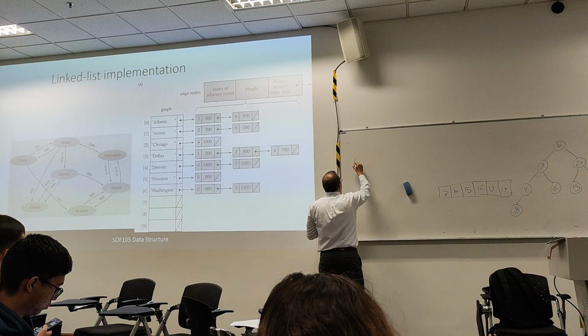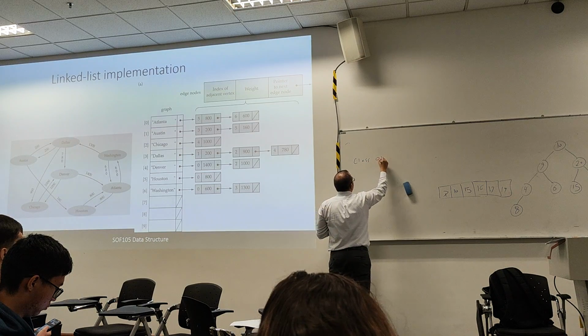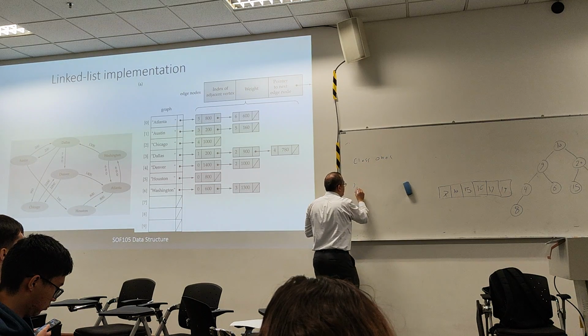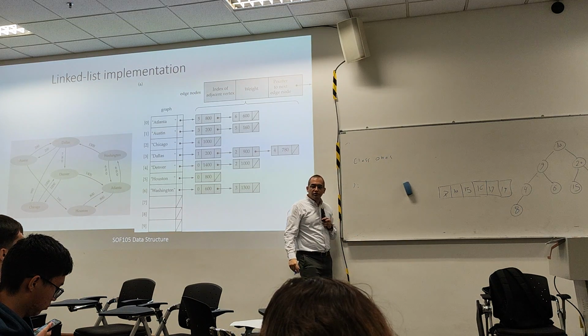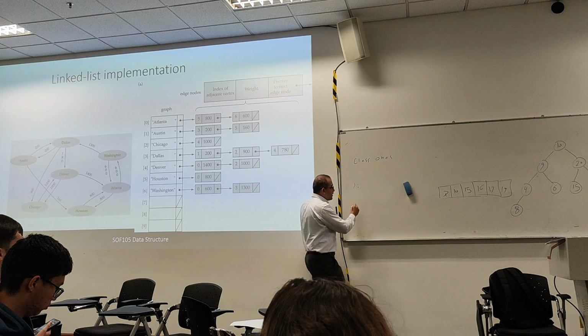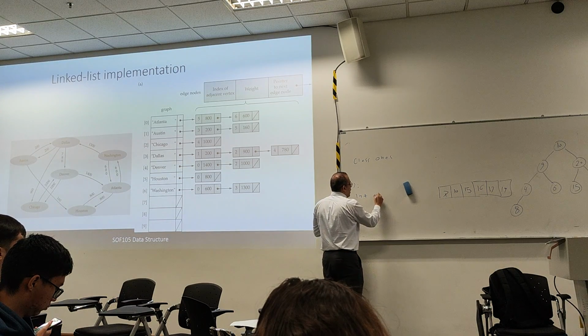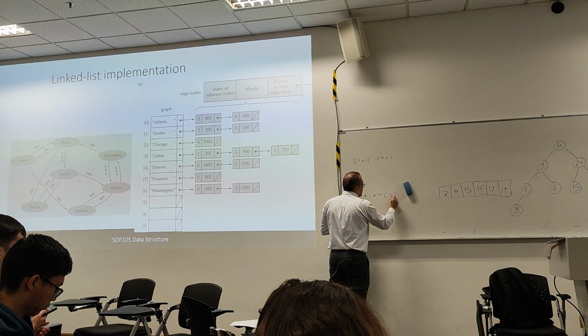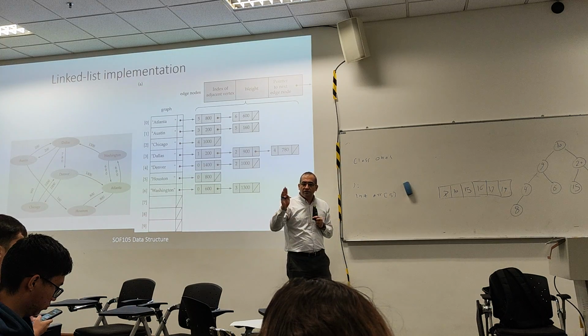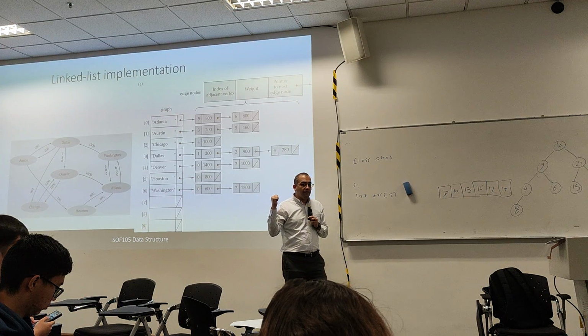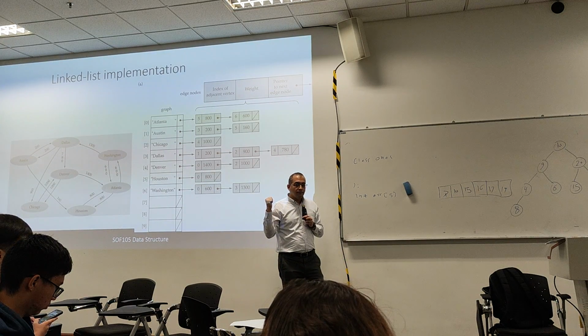I have class 1, right? How can I declare an array of objects of class 1? What should I do? If I write int array of 5, I declare an array of size 5, all these 5 elements are what? Integers.